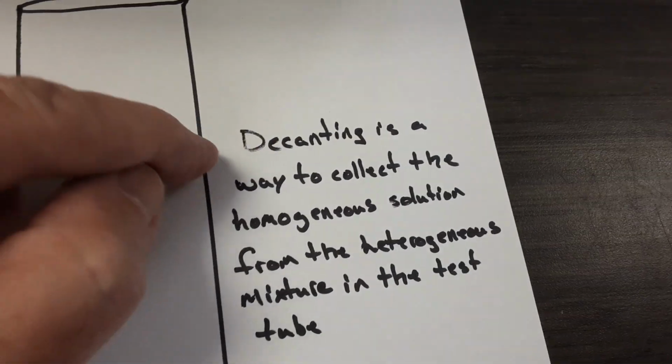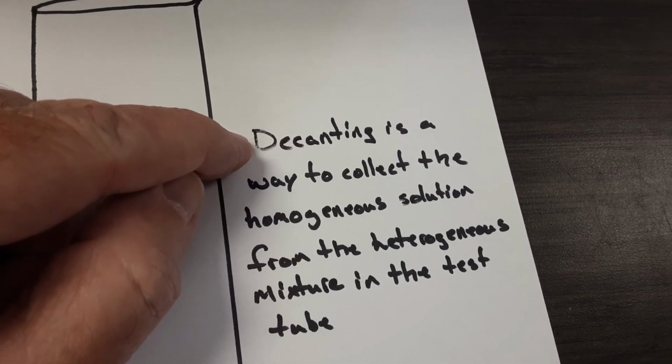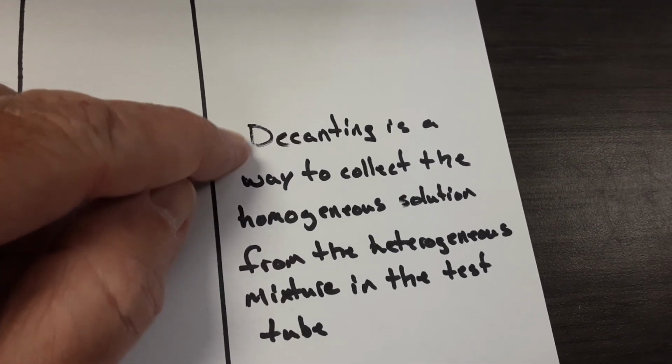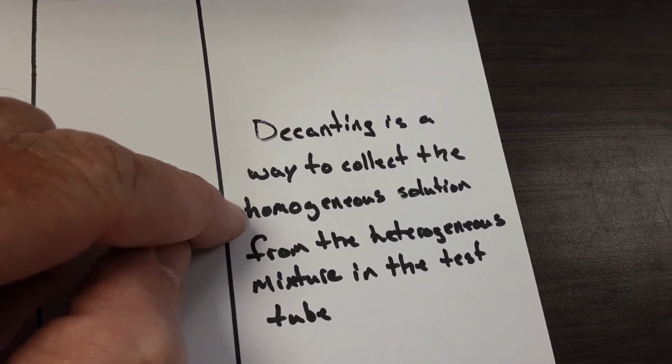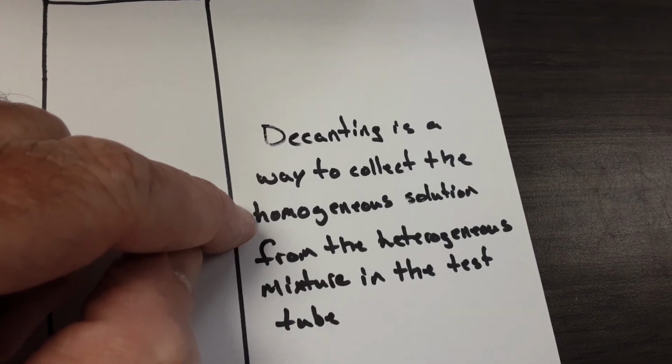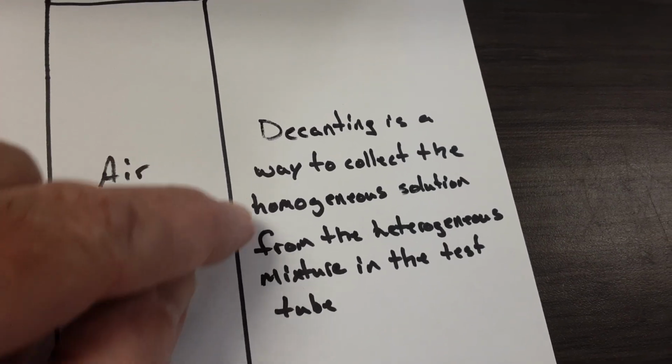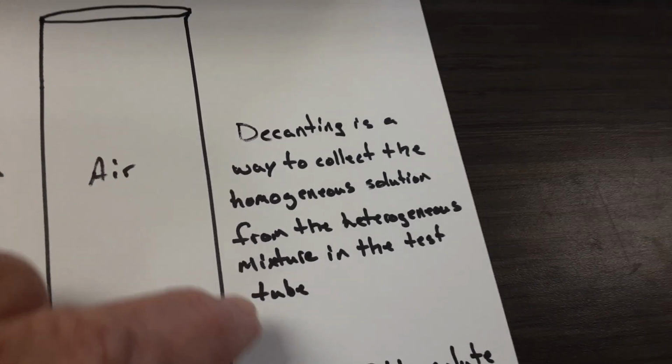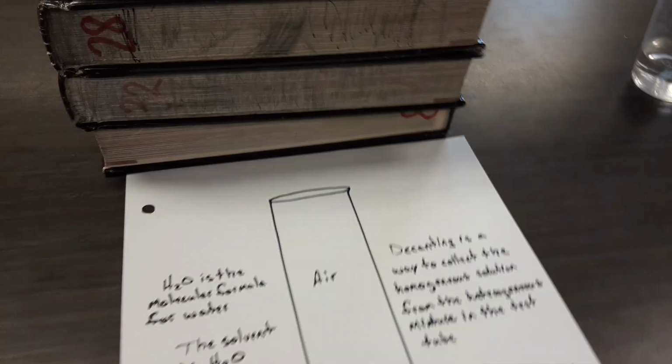But if we wanted to separate the liquid from the solid, we can decant. Decanting is a way to collect the homogeneous solution, just the liquid part, where everything's dissolved, from the heterogeneous mixture in the test tube. So decanting, and this is going to be difficult for me to demonstrate. I'm going to use a graduated cylinder, although we used a test tube in class.